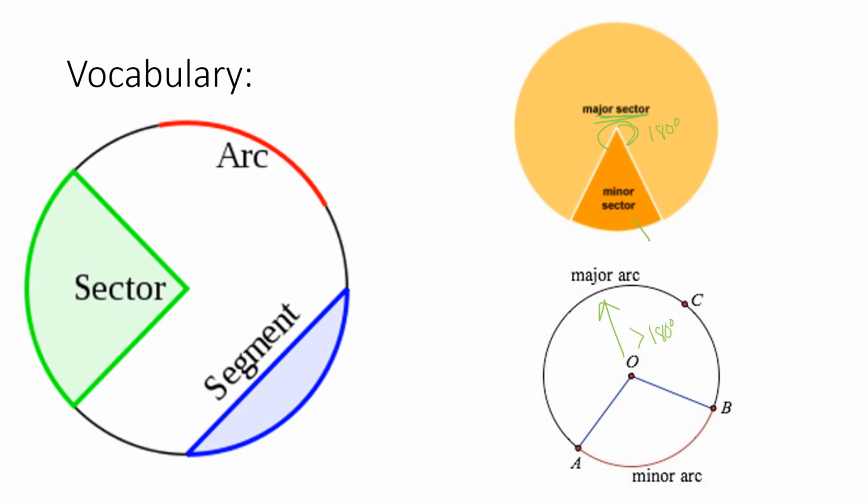Likewise, on the other hand, a minor arc is going to be anything less than 180 degrees. Or the minor sector would be less than half of your circle, and a major would be more than half of your circle. So again, just getting these pictures jotted down with some vocab words connected to them, so that way when we jump forward and I use our vocab, you know what it is that I'm talking about.